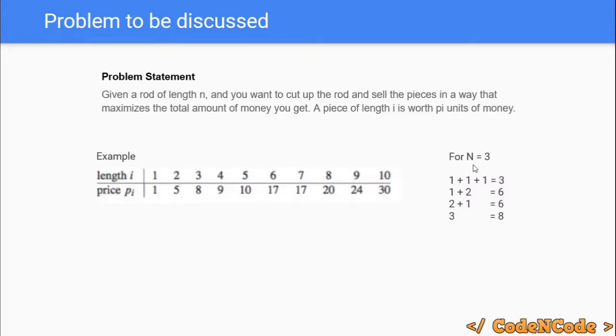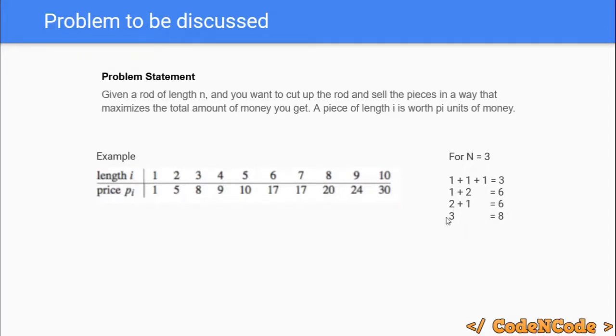So if you have a rod of length 3, these are all 4 possible configurations. You can either sell it by pieces of 1, 1 and 1, so the total profit you will be getting is 3. You can sell it by pieces of 1 and 2, so the total profit you will be getting is 6.